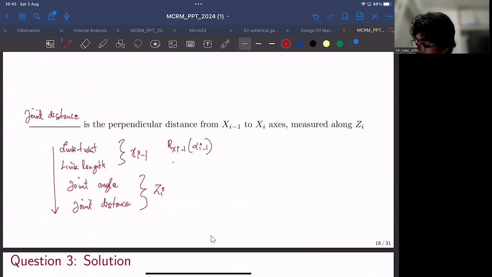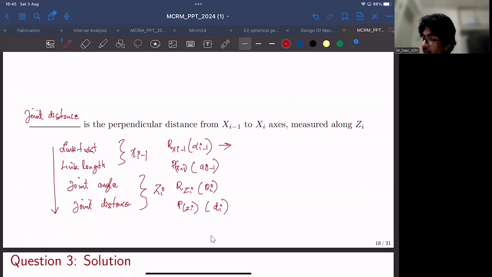Link length is translation along xi minus 1 by an amount ai minus 1. Joint angle is rotation about the zi axis by theta i. And joint distance is translation along zi by an amount di.